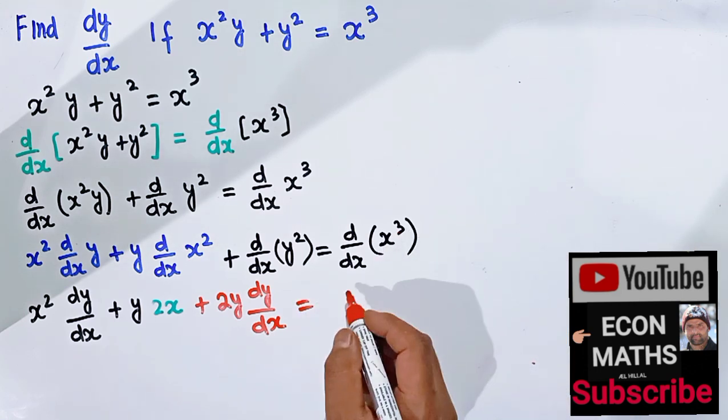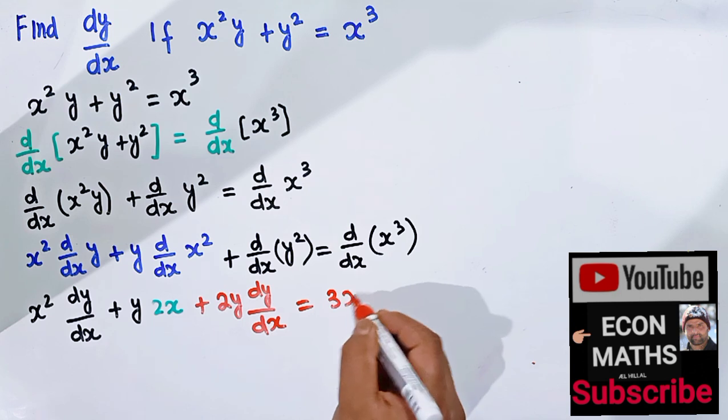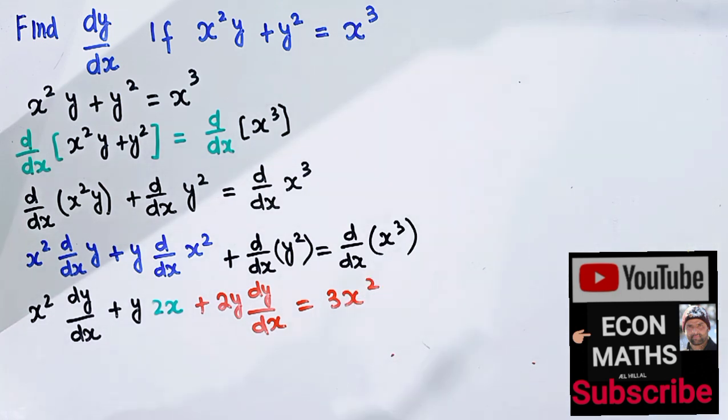Similarly, the derivative of x cube will be 3x square by the power function rule. So we can write it in this fashion.